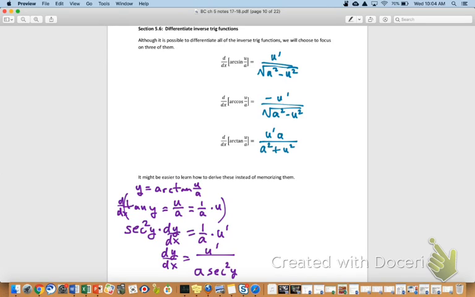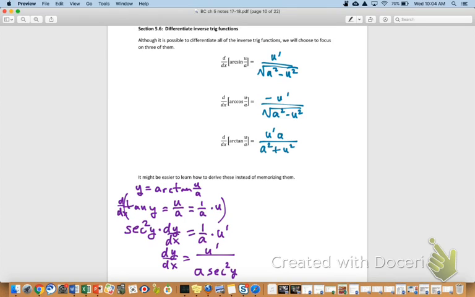And this would be maybe a point where you would say, well, gosh, I've got the u prime and there's an a, but it's in the wrong spot. But the secant squared y is totally wrong, right? We don't have it yet. So the question is, how could I deal with this secant of y in such a way that I only get u's and a's as a result?